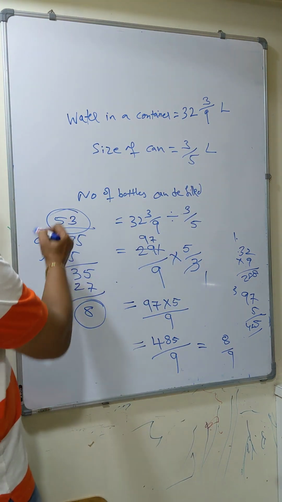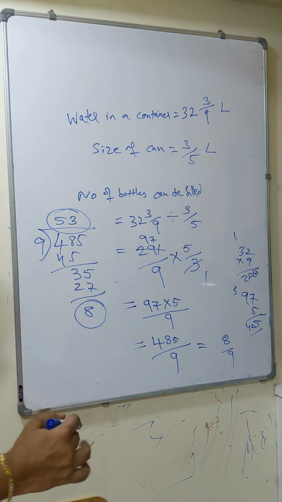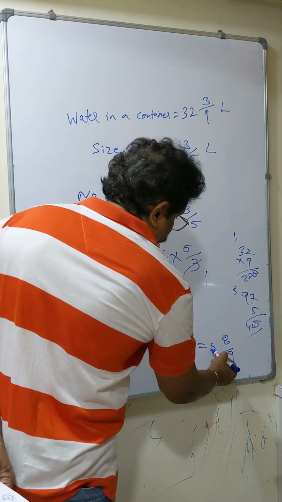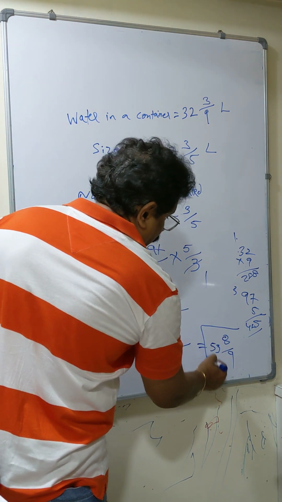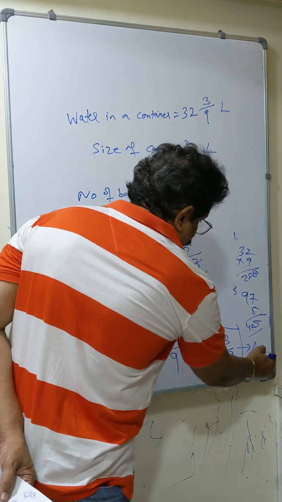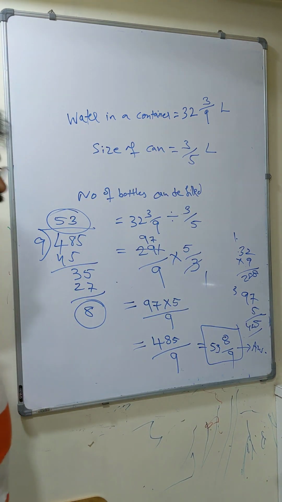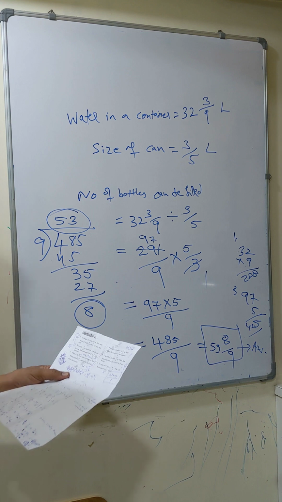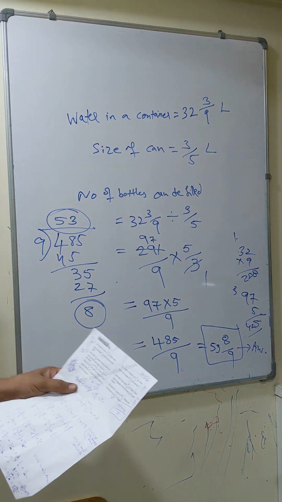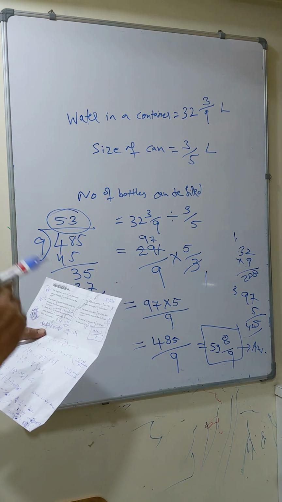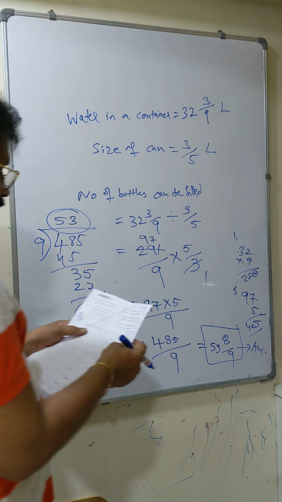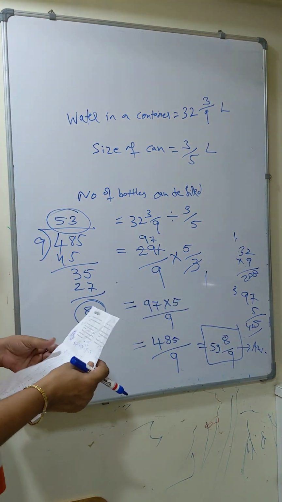Answer is 53. We write the answer on the side as a whole. So this is your answer. 53 8/9 is the answer. That is 53 8/9 bottles of water can be taken out of 32 3/9 liters of water.